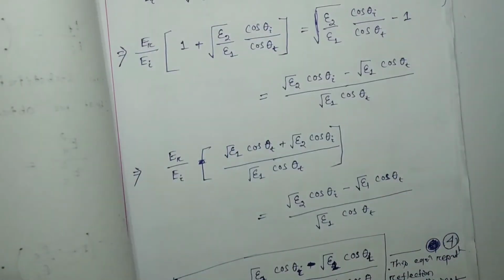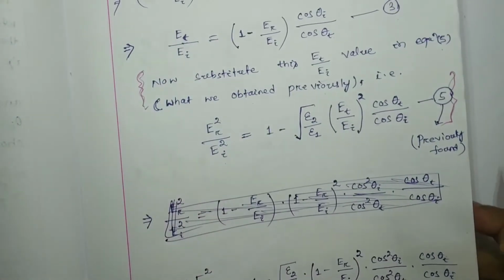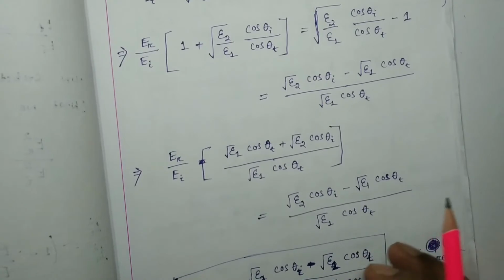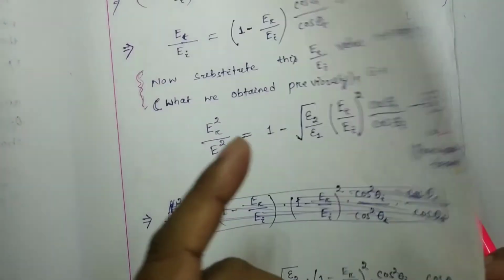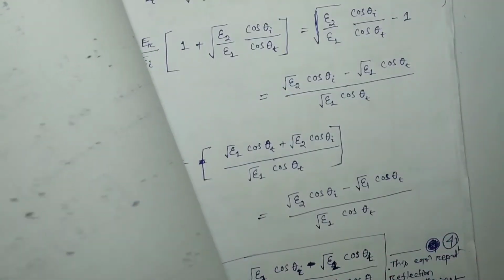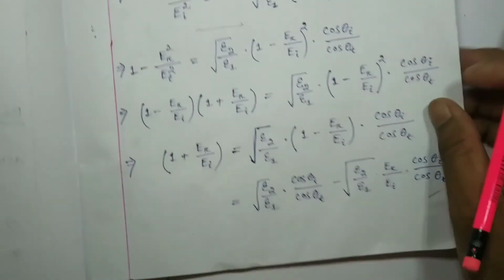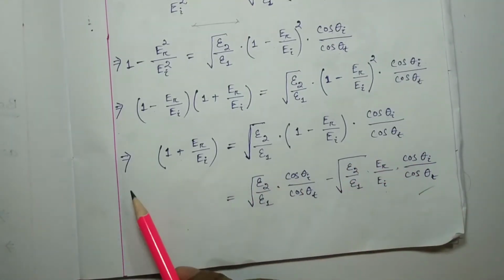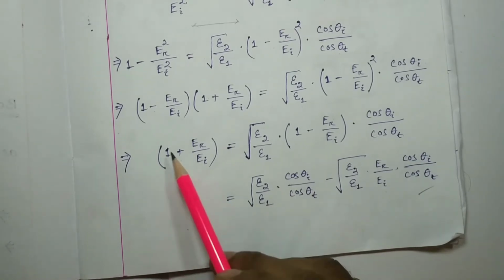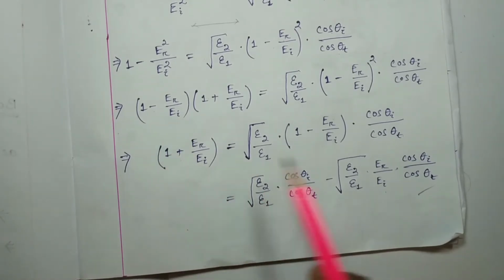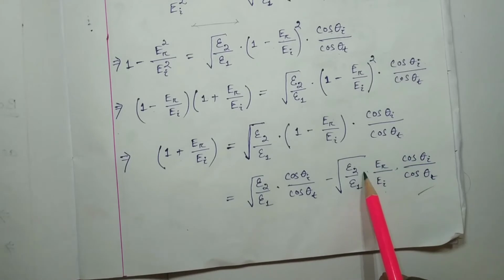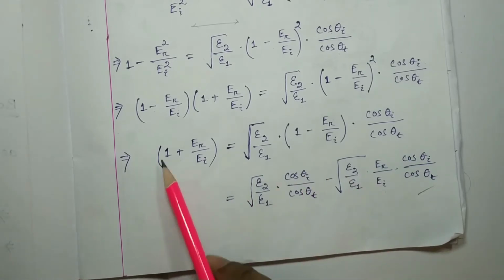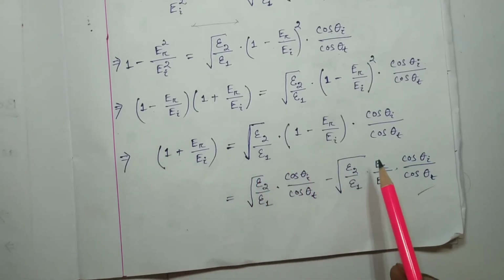come to the next page. Next page, what I done, just one second. See, in the next page what I done, this minus term I have taken to this side, and this 1 I have taken this side. When this one moves this side, it will be plus, 1 moves this side, it will be minus.